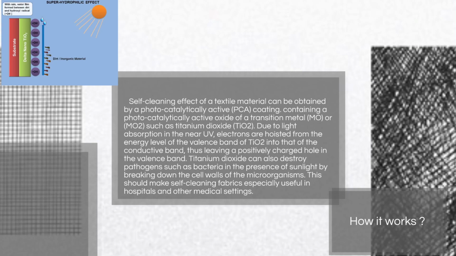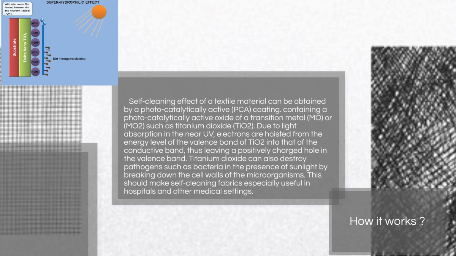Self-cleaning effect of a textile material can be obtained by a photocatalytically active coating containing a photocatalytically active oxide of a transition metal such as titanium dioxide, due to light absorption in the near ultraviolet.